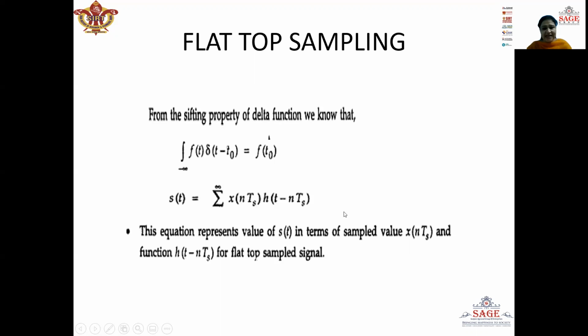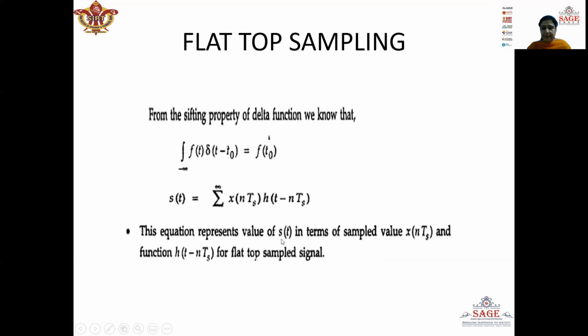Now if I analyze this equation, I get s(t) in terms of the sampled value x(nTs) and the function h(t minus nTs). That means the pulses are located at every integer multiple of Ts, that is 0, Ts, 2Ts, minus Ts, minus 2Ts, and the amplitude of each pulse varies according to x(nTs).